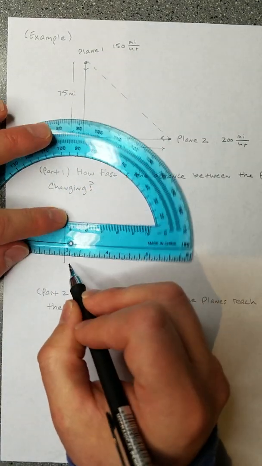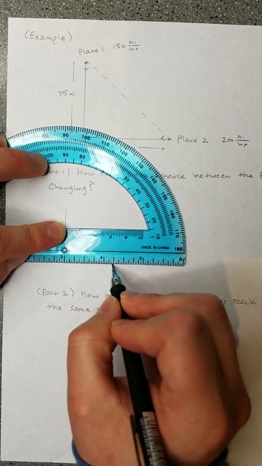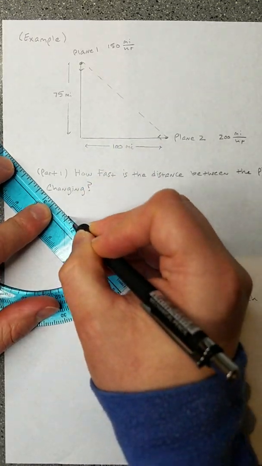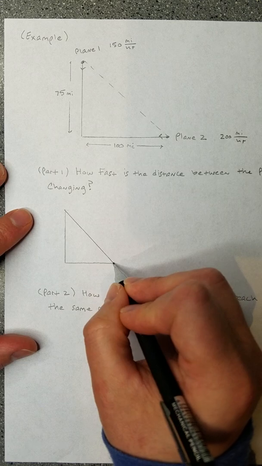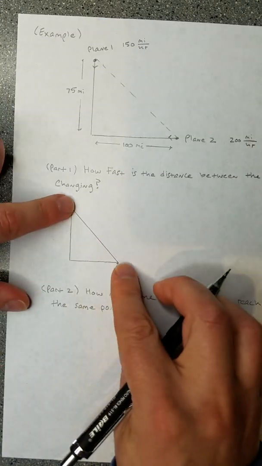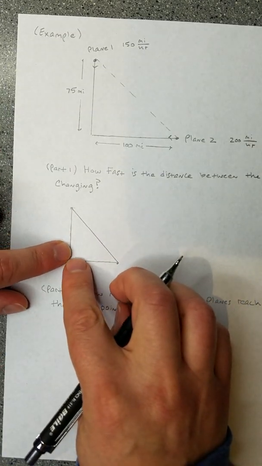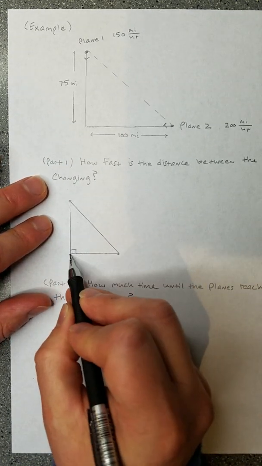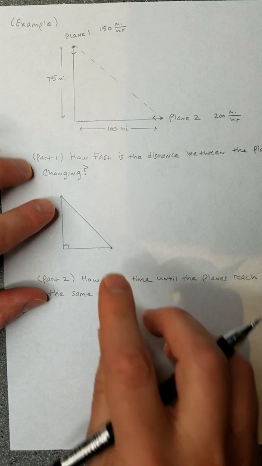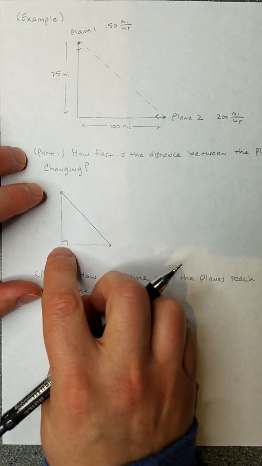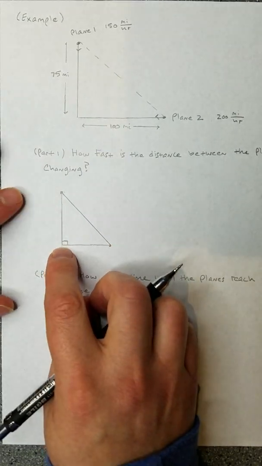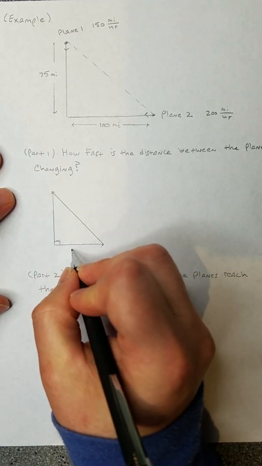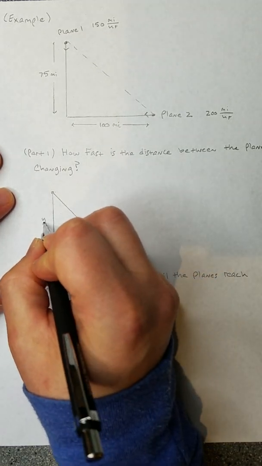Like with this one, as in our first problem, there's a triangle happening, right? There's a plane here, there's a plane here. They're flying towards each other, perhaps meeting at that point. But nonetheless, this point and that point and that point, made by the two planes and the point where they might meet, make a triangle. And I could say this side's going to be x, and this side's going to be y.